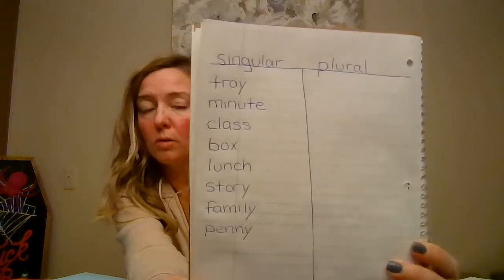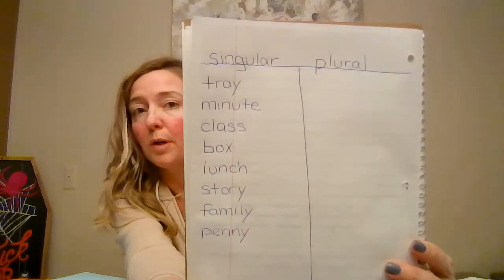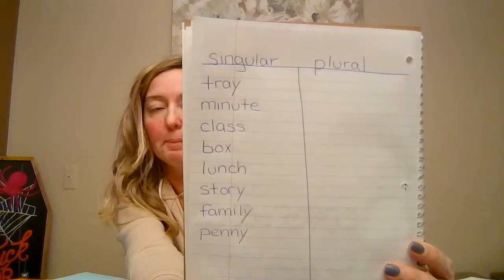So we have tray, minute, class, box, lunch, story, family, and penny. So here are the words. You can go ahead and pause the video so you can write the words as a singular at this time.